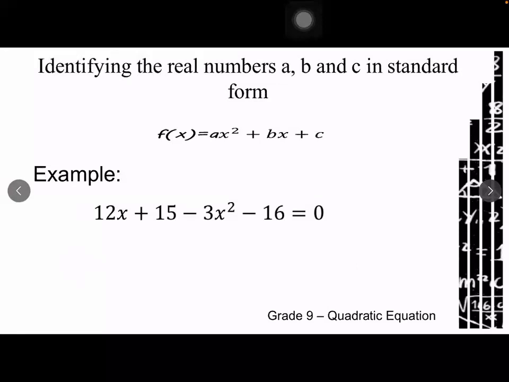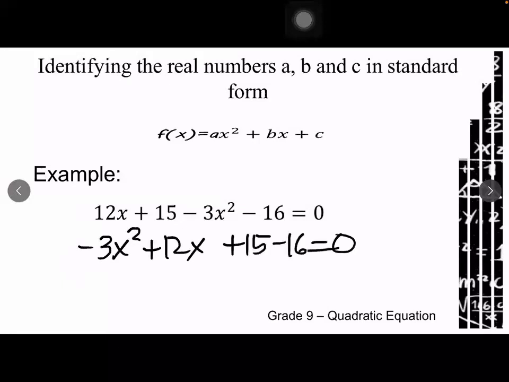So let's start. As you observe, hindi po siya naka-standard equation. Therefore, we need to translate it into standard equation. First, mauna si negative 3x squared, followed by 12x, followed by 15 minus 16. Kaya nga lang, meron po tayong like terms, particularly 15 and 16.